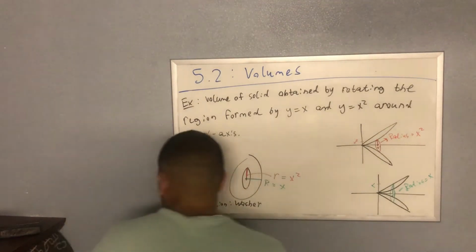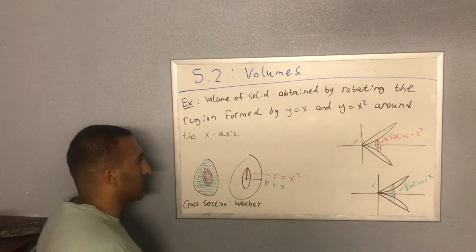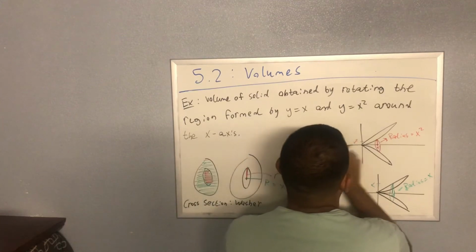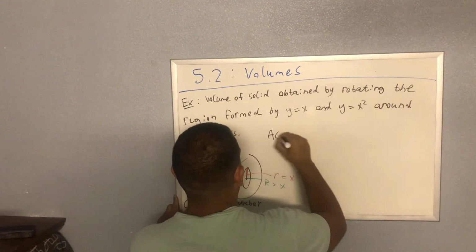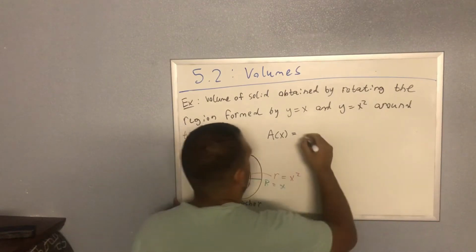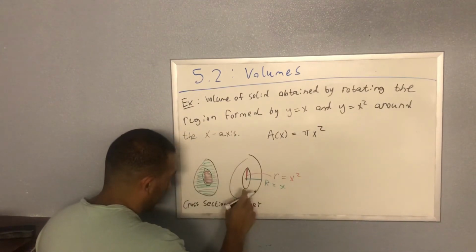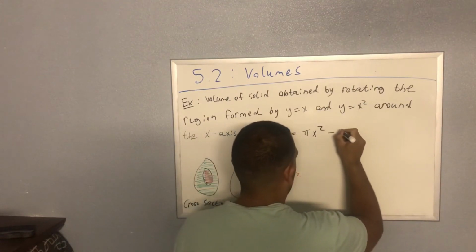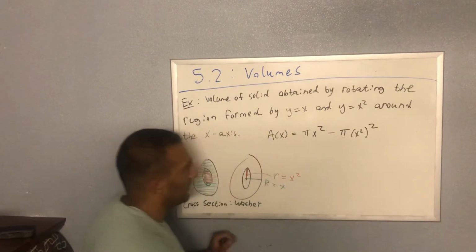So then, finally, after all the dust clears, what we find is the cross-sectional area A of x is equal to the area of the big circle, which is pi times x squared, minus the area of the smaller circle, which is pi times (x squared) quantity squared.